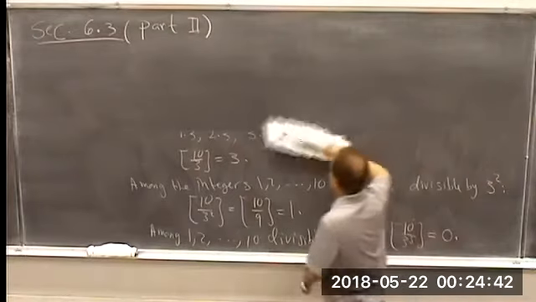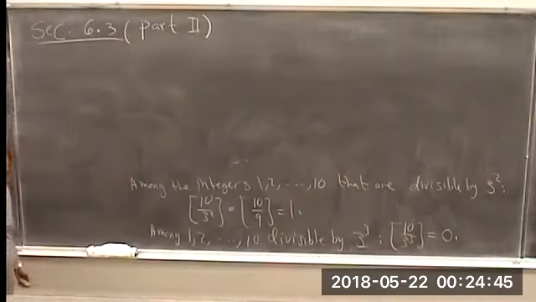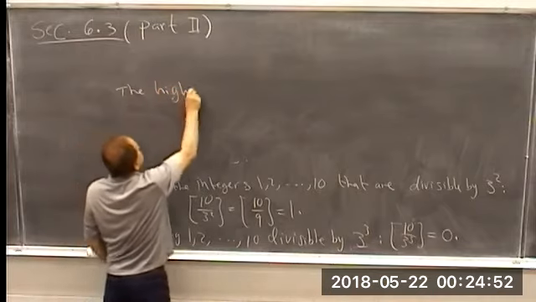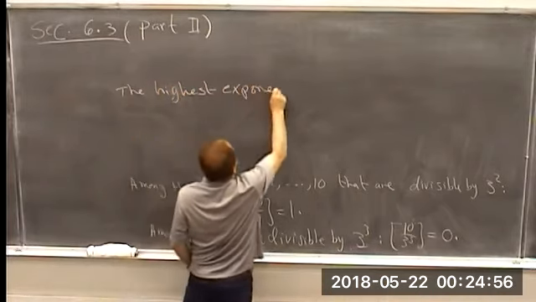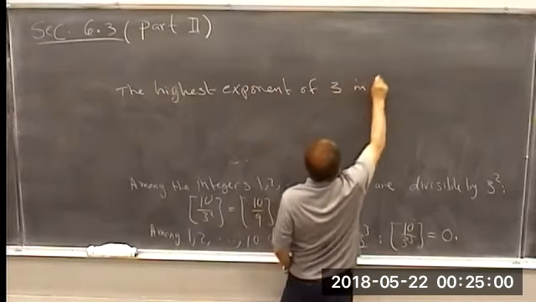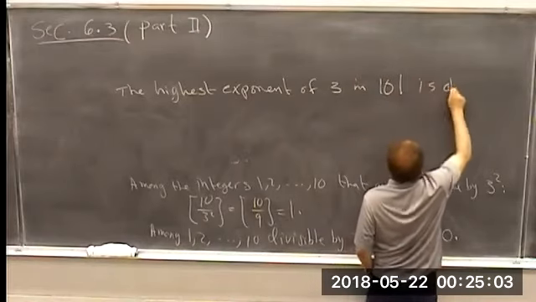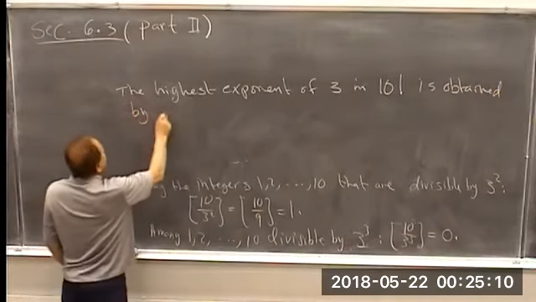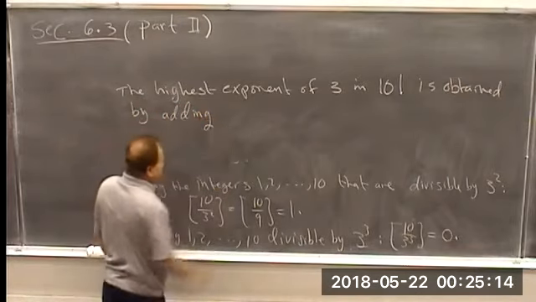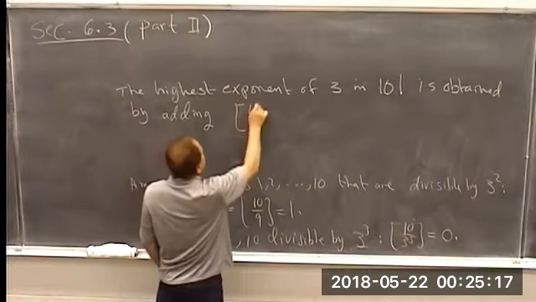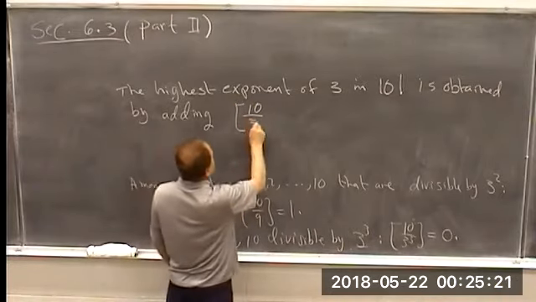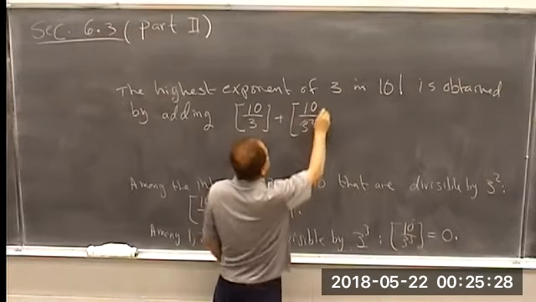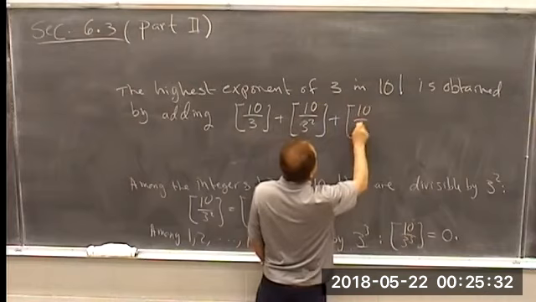So all together, the highest exponent of 3 in n factorial is obtained by adding all the numbers that are divisible by 3, or divisible by 9, which is 3 squared, or divisible by 3 to the 3rd.